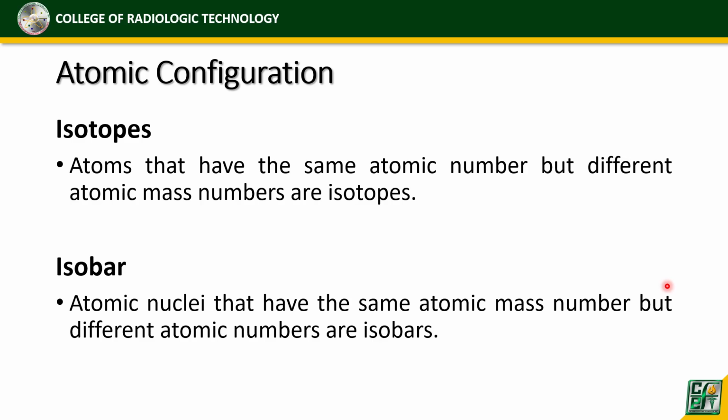That is one of the easiest definitions of an isotope. Then isobars: atomic nuclei that have the same atomic mass number but different atomic numbers are isobars.